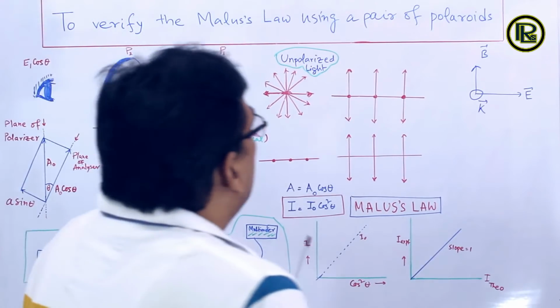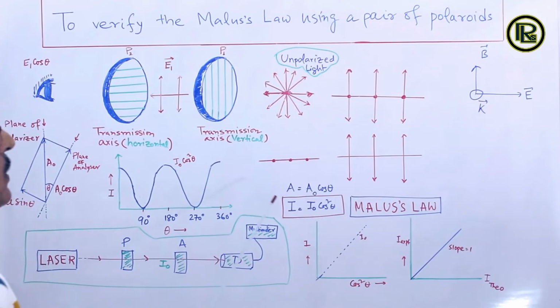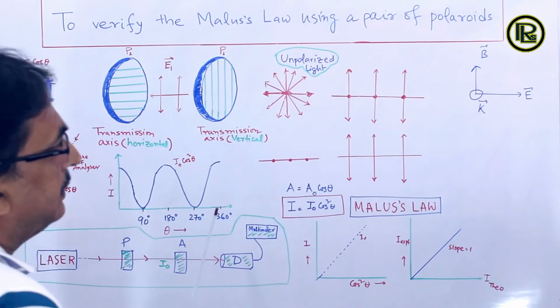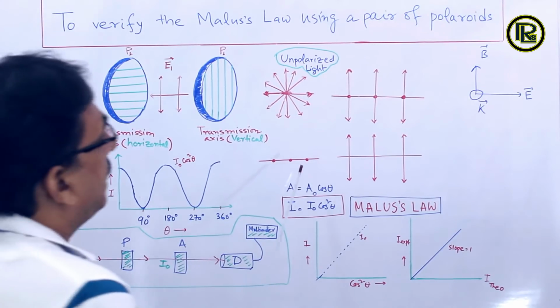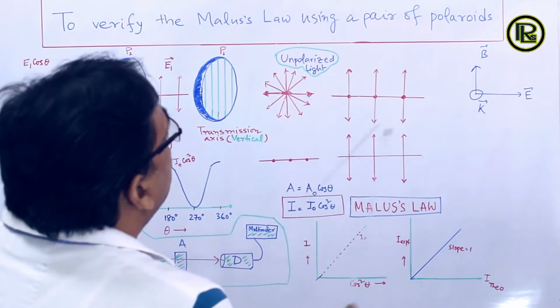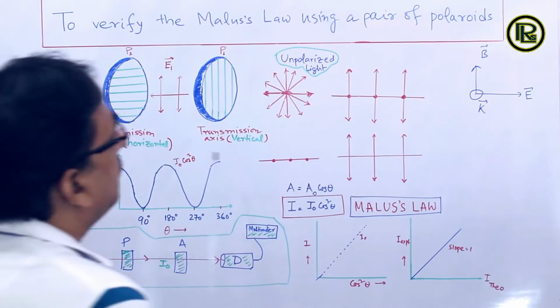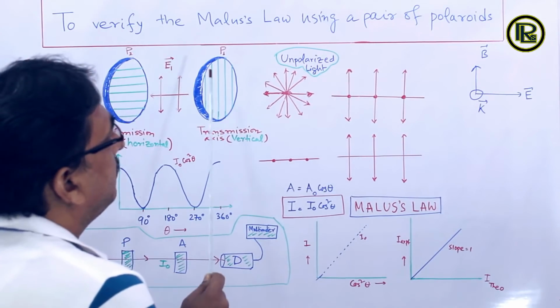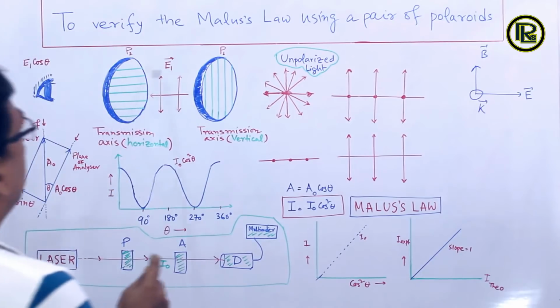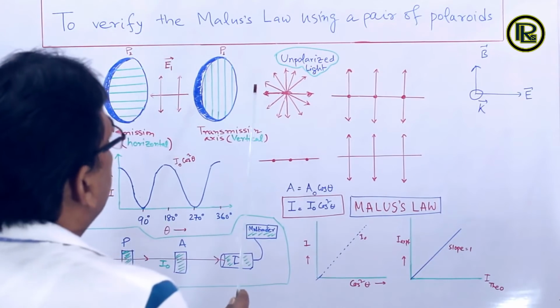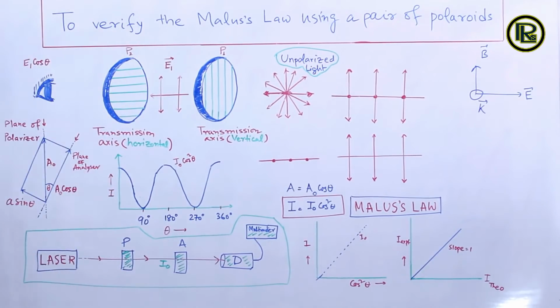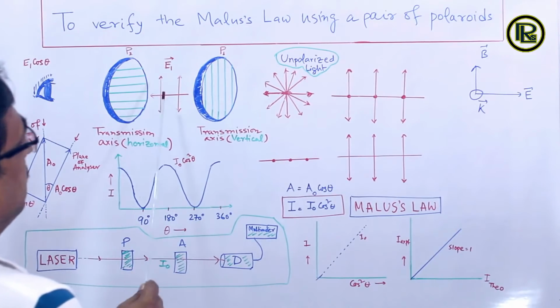Now, if by some means we are able to cut off one of the two oscillations, then the unpolarized light becomes polarized like this. And this is done with the help of a Polaroid.